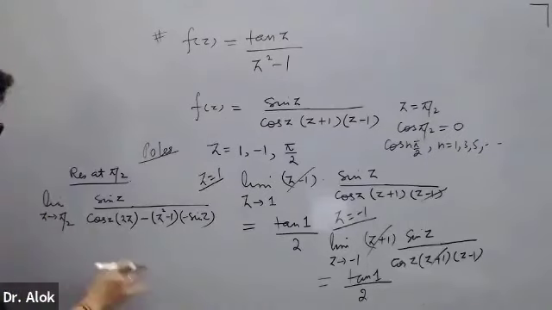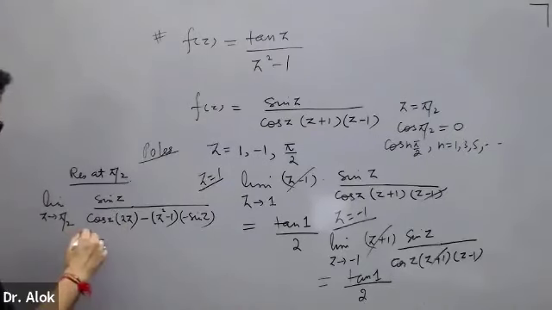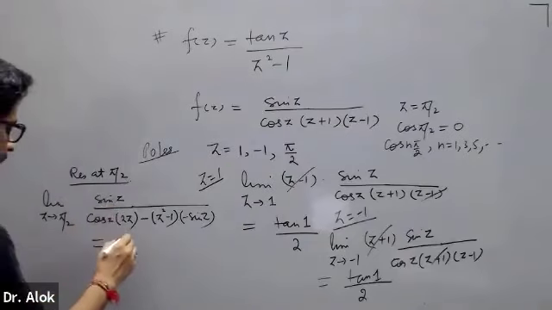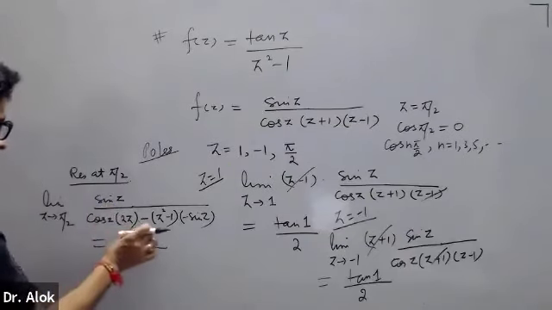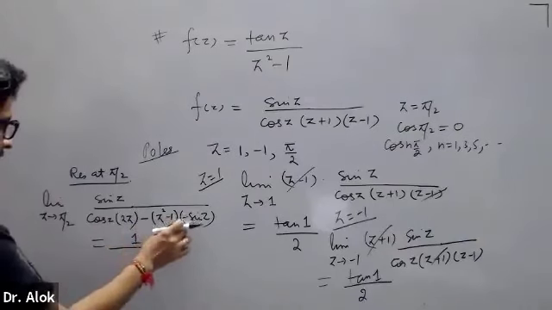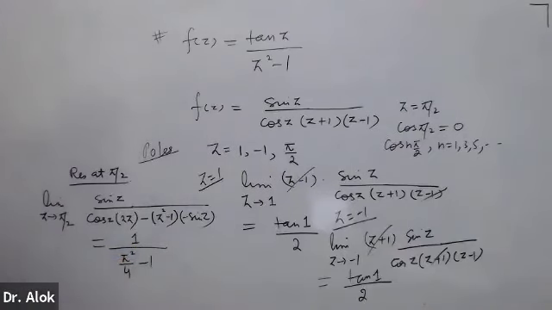So this will be equal to, let us put z is equal to pi by 2 now. So this will become 1 over, this term will become 0, and what is this term? This will become pi square by 4 minus 1. Please check this carefully.